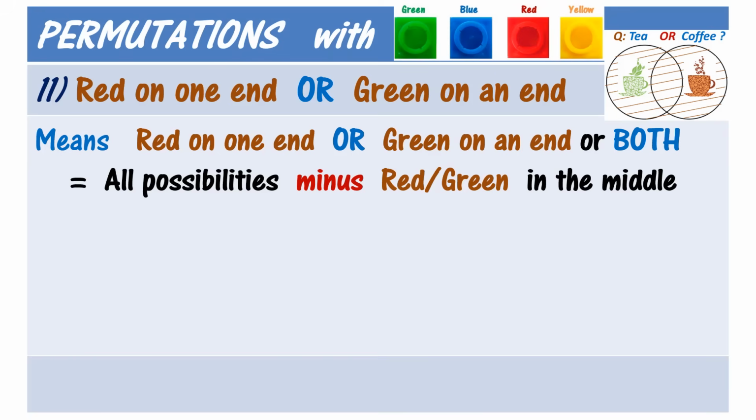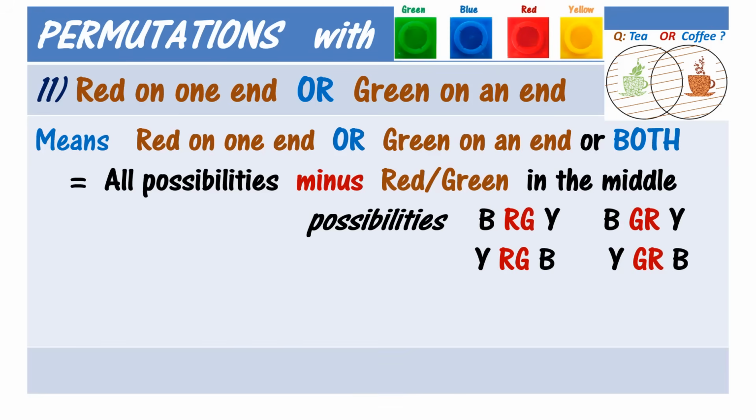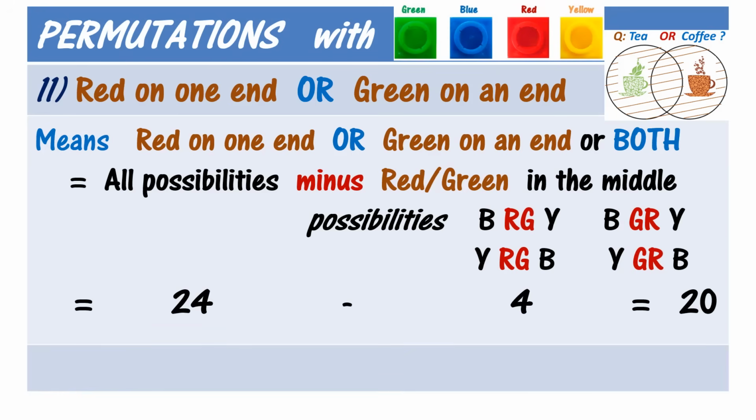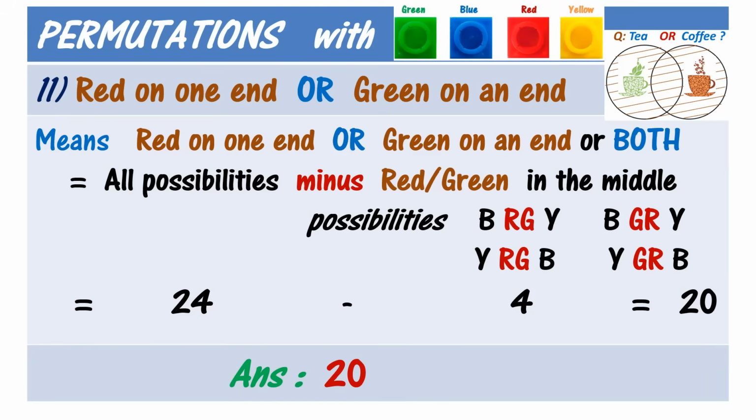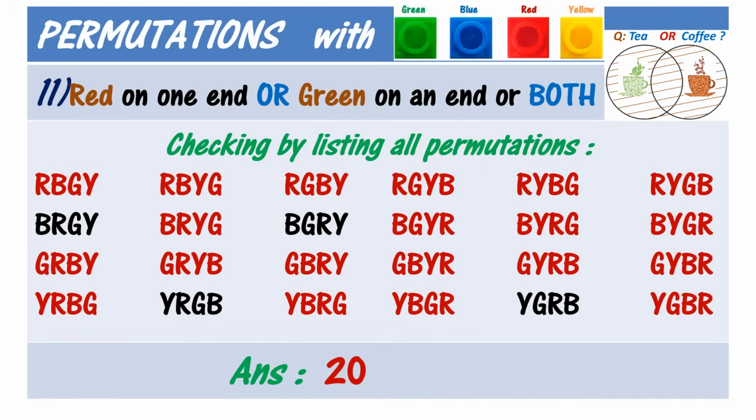Because when they are not in the middle, one of them is on an end. In these situations, there are 4 of them. So that is 24 minus 4. The answer is 20. All the permutations.